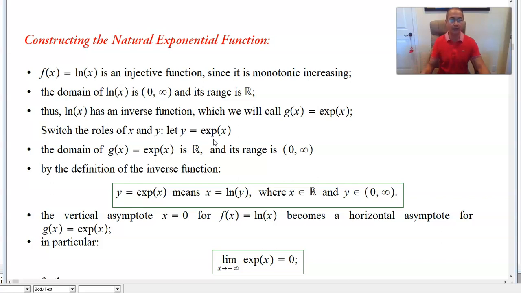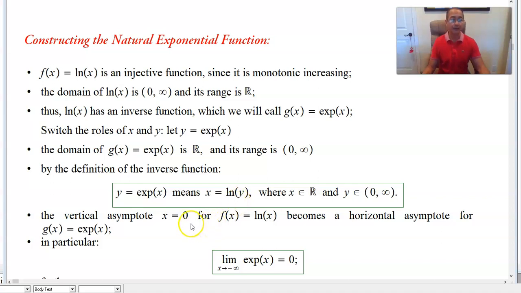X and y exchange roles. So y equals exponential of x means that x is the ln of y, where now x can mean any real number, but y has to be from 0 to infinity. Remember, we can only plug in a positive number into the natural logarithm function.